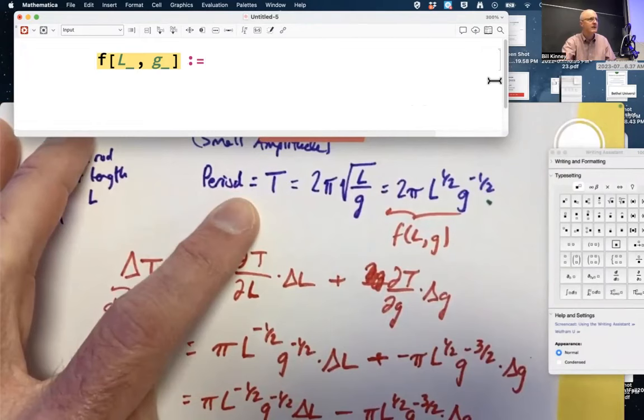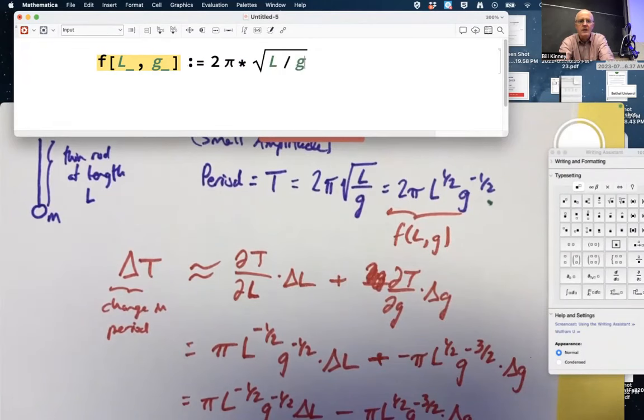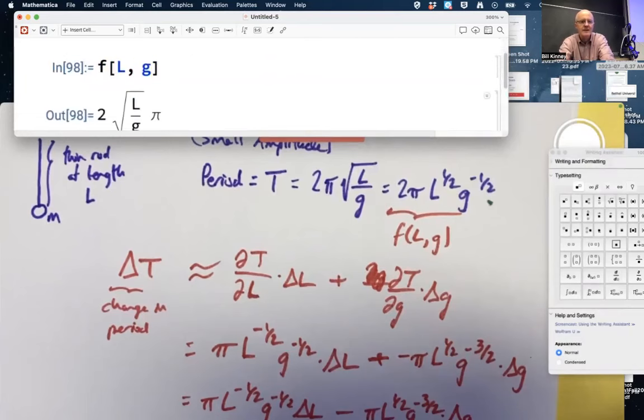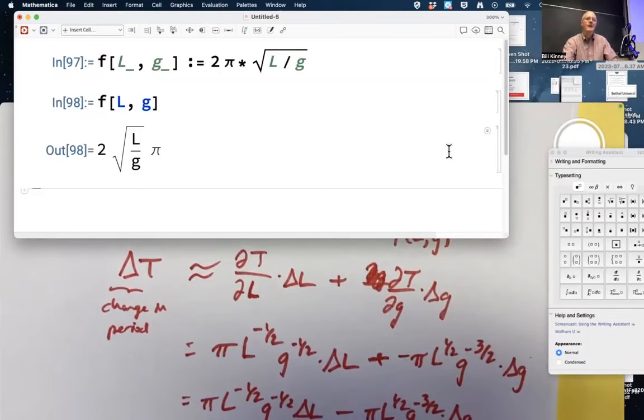I'll go ahead and type it in with a square root just to illustrate that I can. 2 pi, I make a pi by doing escape key pi escape, times the square root button here on the typesetting palette. I'll type L over G like that. Entered. I can re-enter this without underscores to see that it's entered. It's now stored in Mathematica's memory.